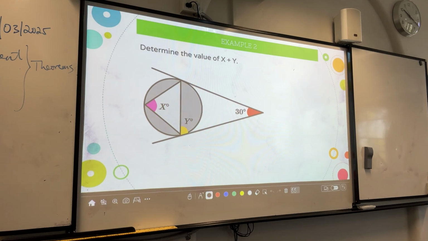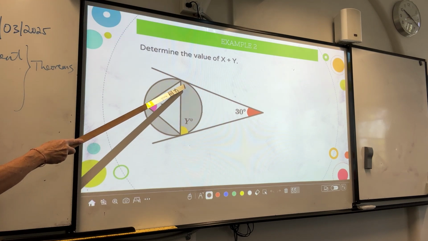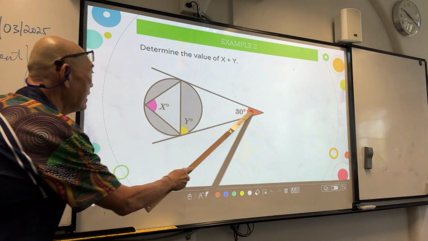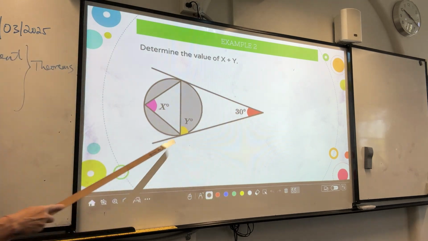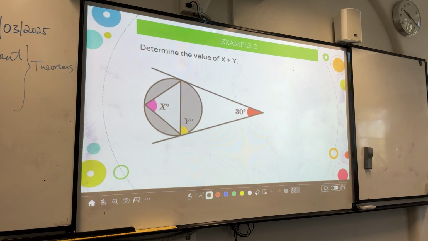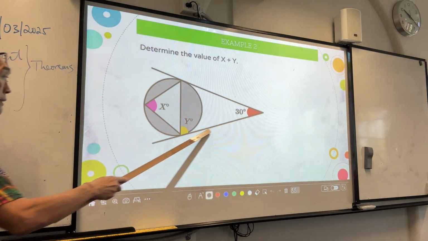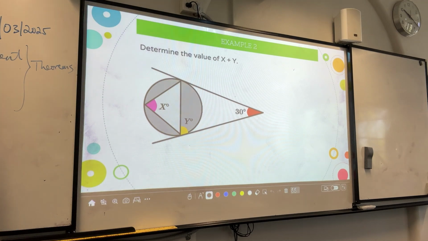If they are tangents to the circle, what is the significance of this? Yes? X and y are the same value. Yes, that's true. And how do you determine y? That's good, that's one point. What is the other point? Yes, Leila? External tangent. So these two will be the same angle, and also that is an isosceles triangle, correct? From one point, remember, the tangents touching the circle from the same point are the same length.